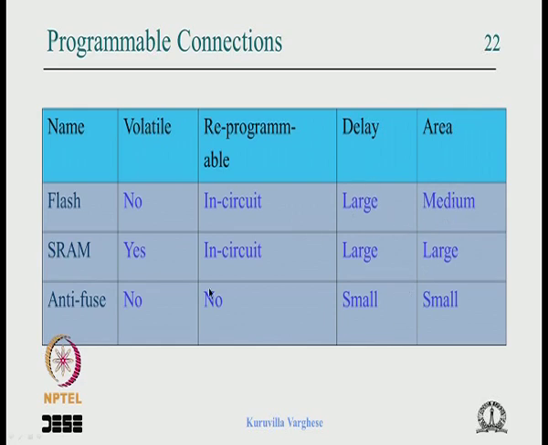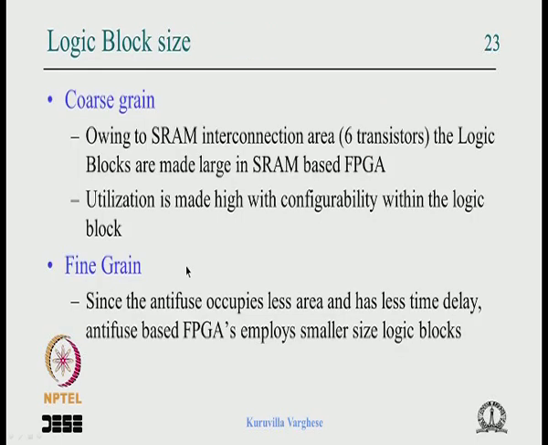So most of the FPGA vendors use SRAM because there is no limit on the reprogrammability and on the technology fabrication process. In SRAM based technologies, you make the logic block big because the connections are costly.